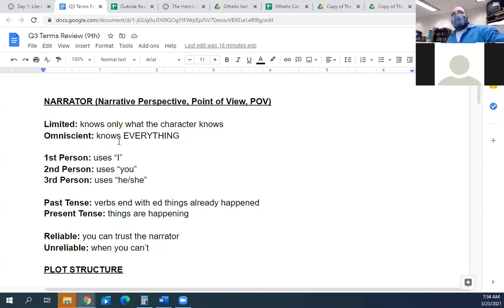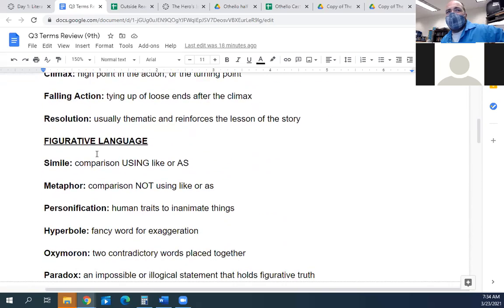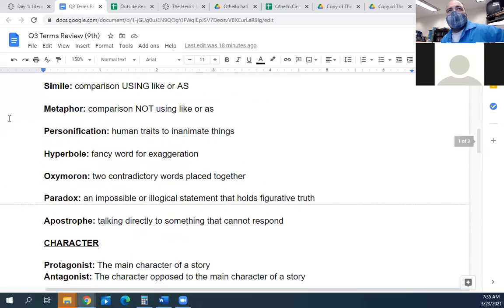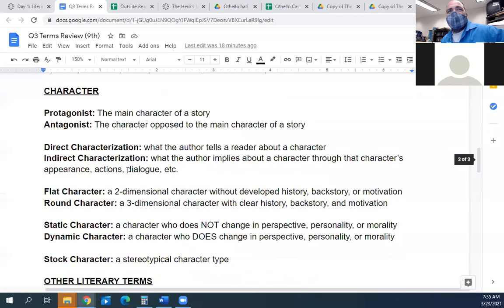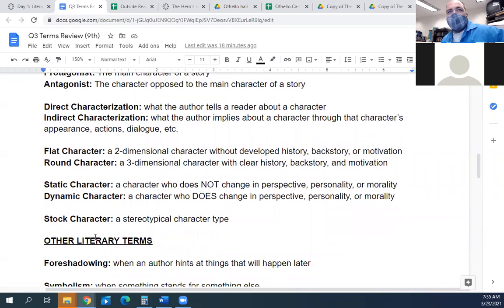When you look at it, I'll give you a myth you've never read before, or at least not in my class. And you'll read the myth, and then I'll ask you questions like, what kind of narrator does it have? Or identify the initiating event, or give me an example of metaphor, or is the protagonist a static or dynamic character and why?